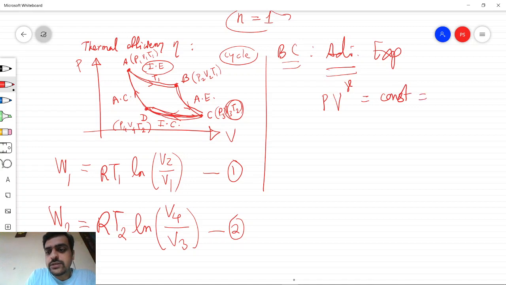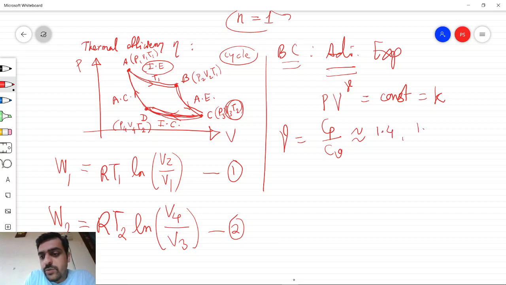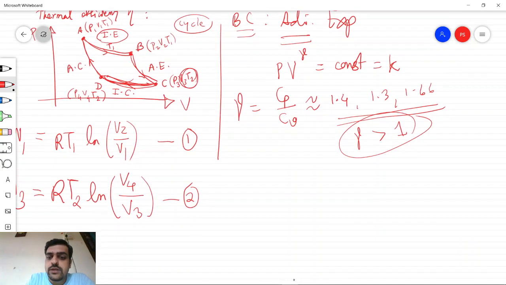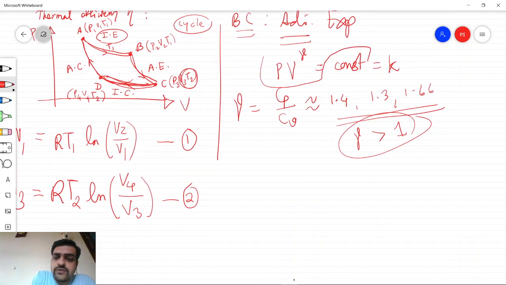Let us say that constant in this case is K. Now this gamma is nothing but the ratio of specific heat at constant pressure to specific heat at constant volume, and is typically 1.4 or 1.3 or 1.66 depending upon the nature of the gas. So it is slightly greater than 1; we have to remember that gamma is larger than 1. Now since PV raised to gamma is equal to K, we can have P equal to K upon V raised to gamma.